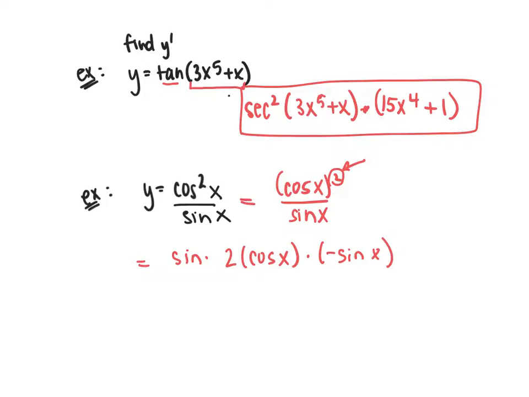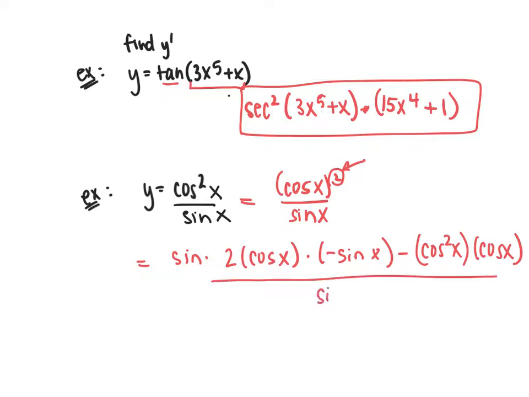And then we have minus the top, so now we have that cosine squared x times the derivative of the bottom, and the derivative of sine is cosine. And all of that is over the denominator being squared.